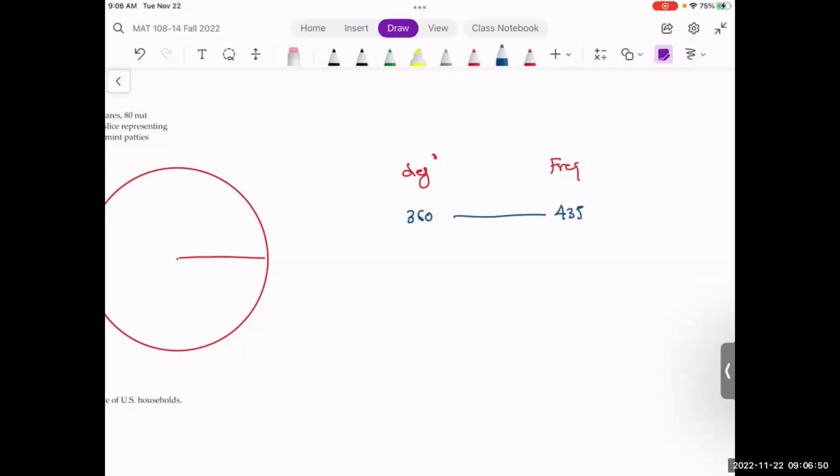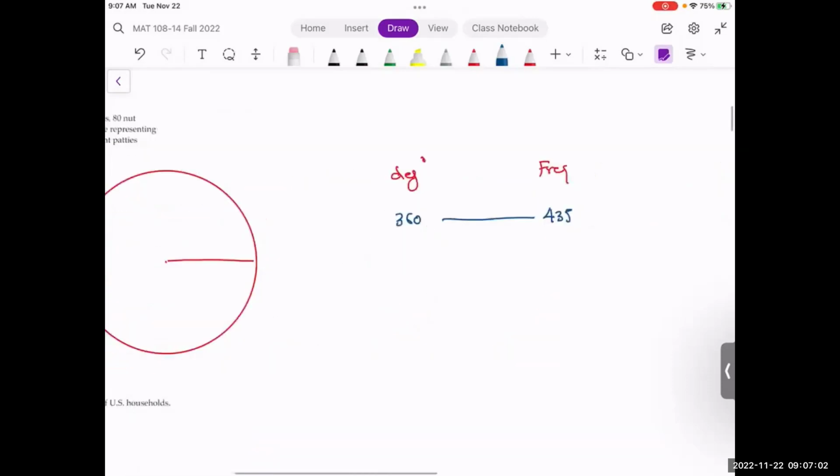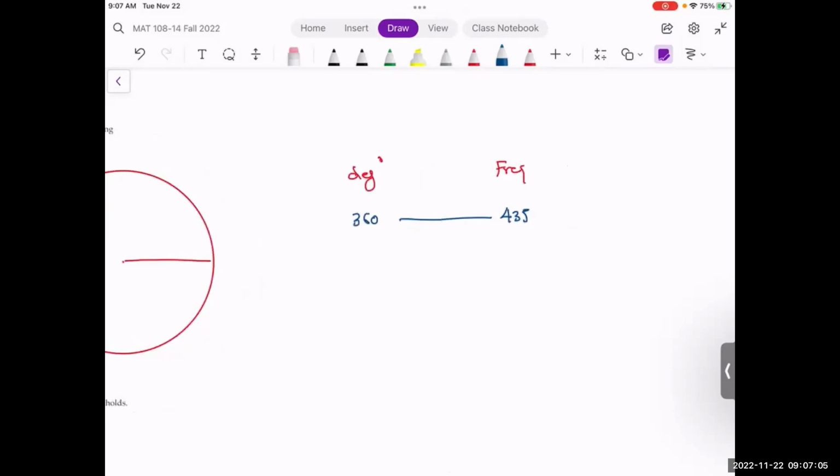That's the total number. 435, the total number of frequencies, corresponds to 360 degrees, right? Then if I want to figure out 100 in the frequency, what will be the degree corresponding to it, X? I will have a proportion. Are we okay, guys, with this?